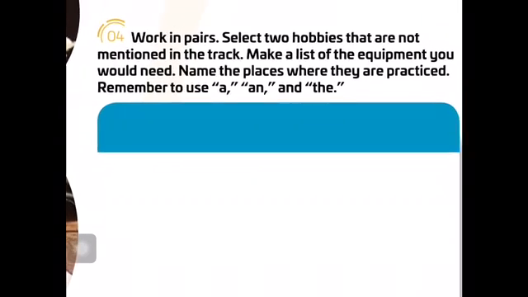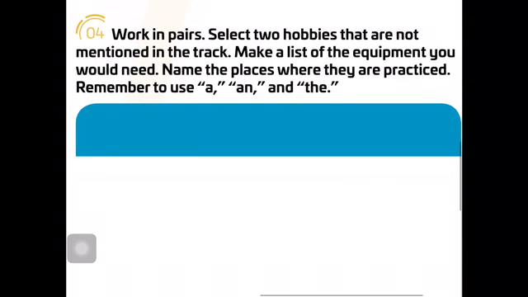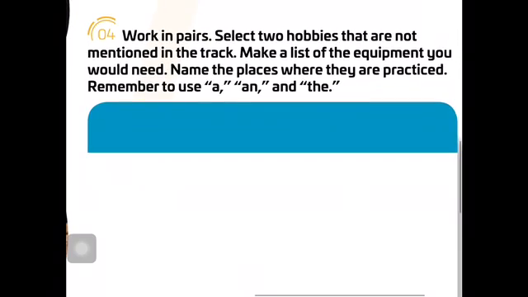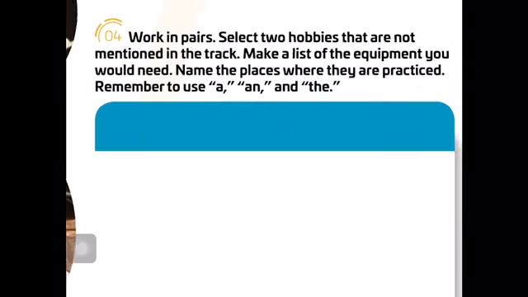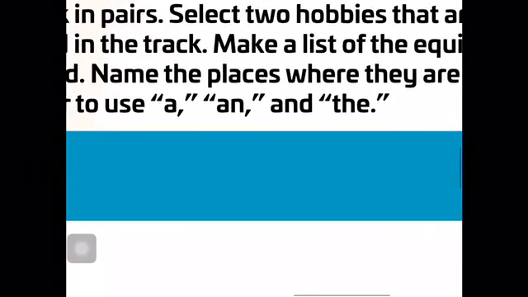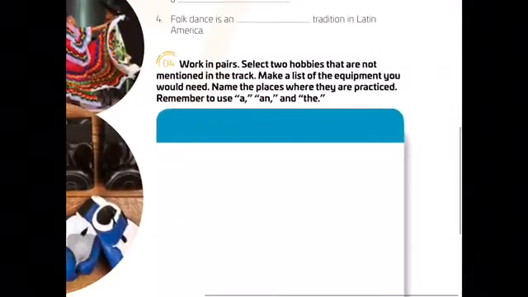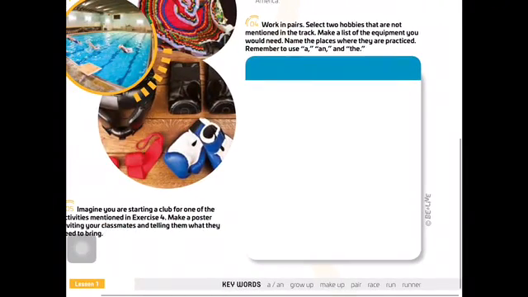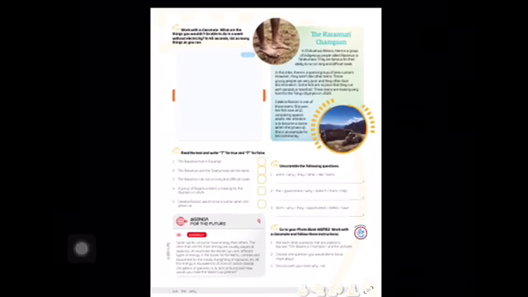Painting is very important for people because they can pass the time and they can develop their brains, etc. Use a, use an, and use the. Okay, these are articles, definite and indefinite articles.